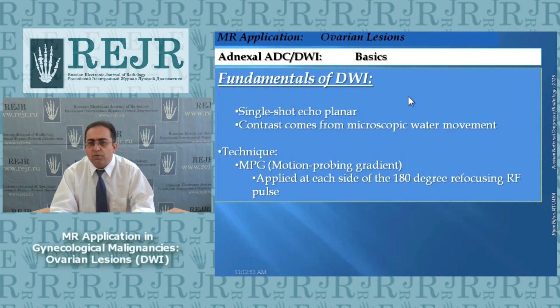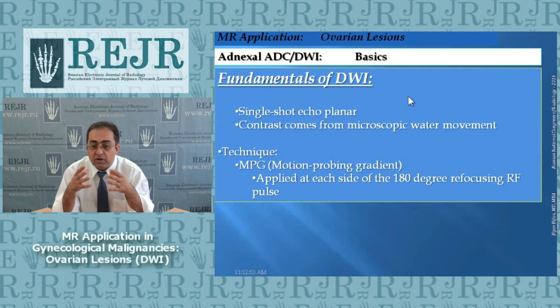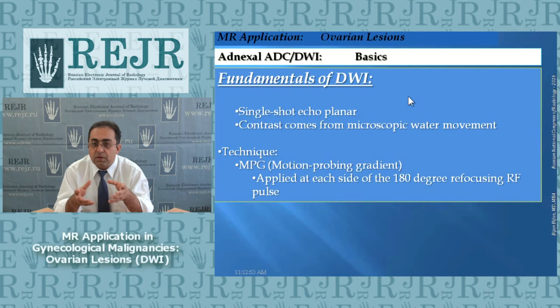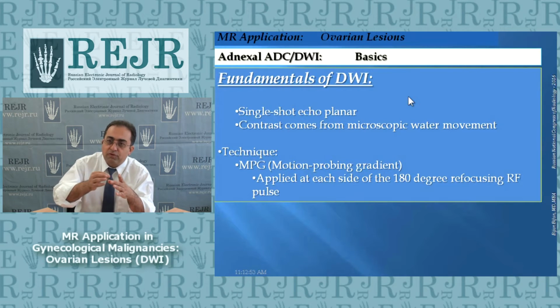Fundamentals of DWI, I don't want to get into too much technical nitty-gritty, but what it does is check the motion of water at the microscopic level. It is the microenvironment. So if you have too many interfaces in a tissue, let's say a very, very highly cellular structure, the water molecule protons cannot move through this tissue in its microenvironment.